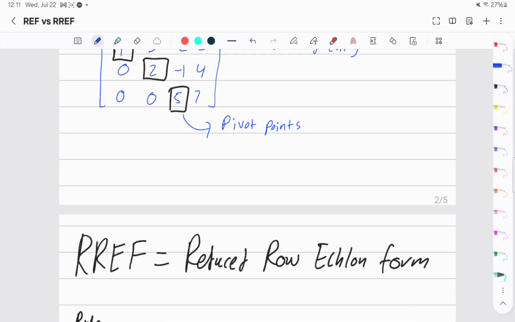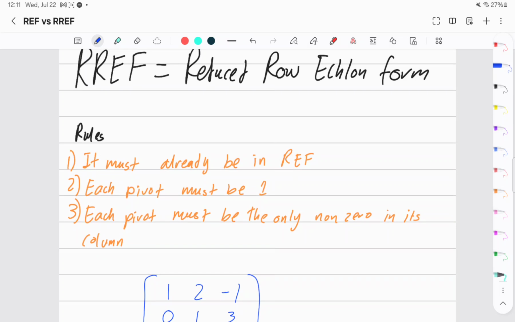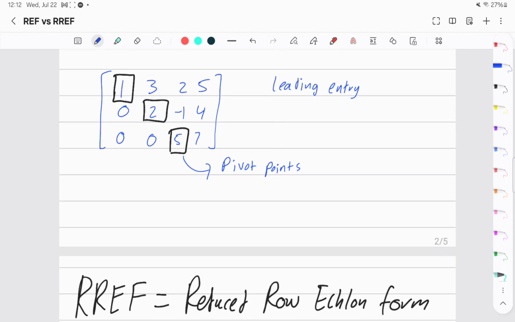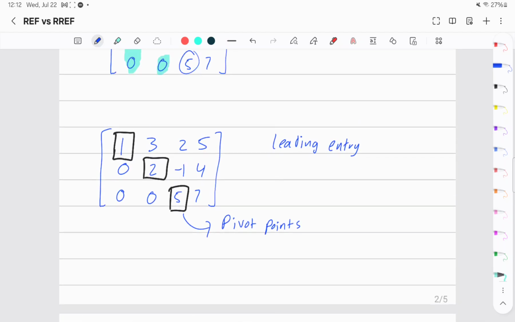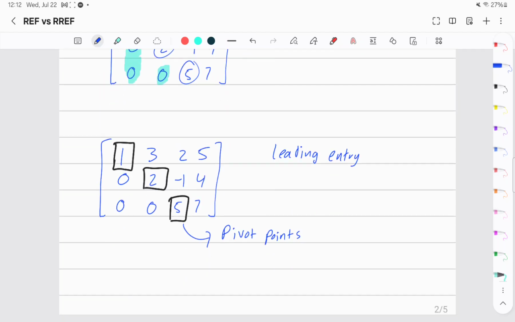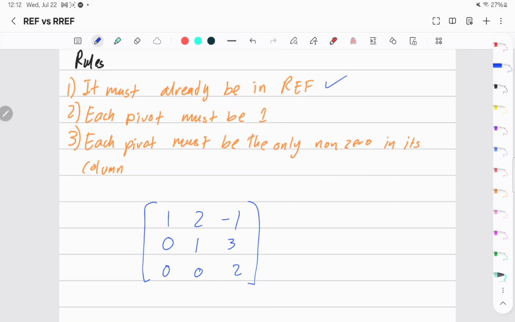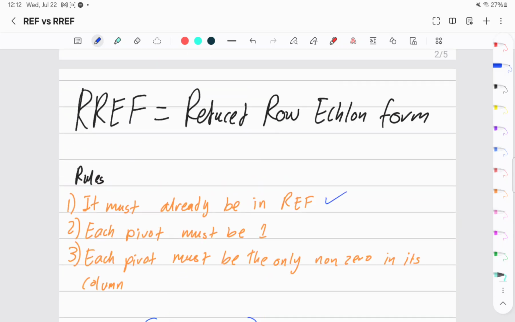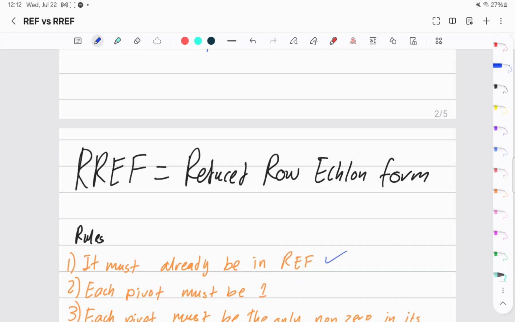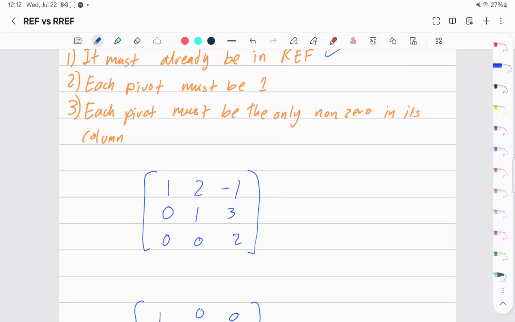So that's REF. Now RREF goes one step ahead, because in this one we do whatever we do in REF, just like here. First you come up to this spot using these rules. Then in RREF, your first requirement is that you need to be in REF form. As soon as you're done with that, you need to make sure each of your pivot points, these square points, is 1.